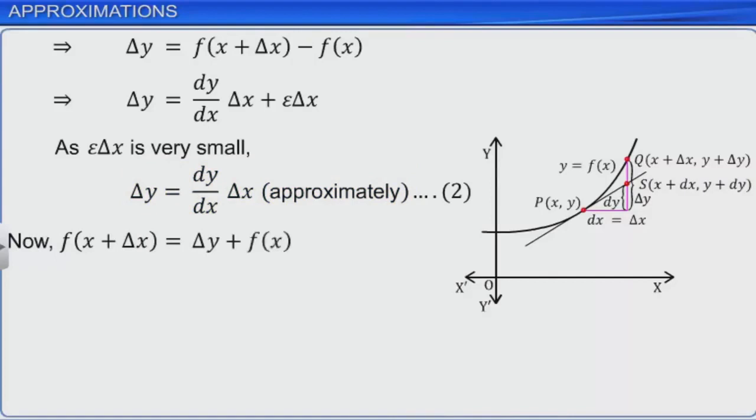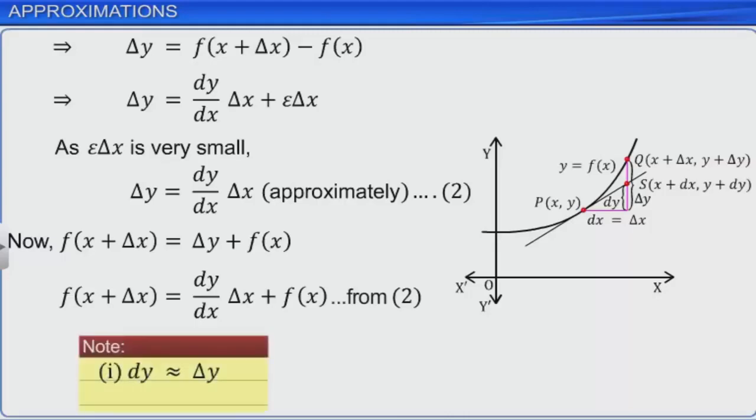The approximate value of the function is equal to the sum of the approximate increment value and the function f of x. The differential of the dependent variable, that is dy, is approximately equal to its increment, that is delta y. The differential of the independent variable, that is dx, is equal to its small increment, that is delta x.